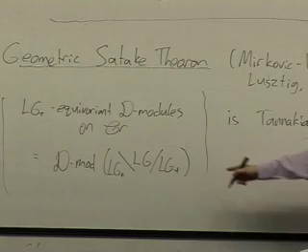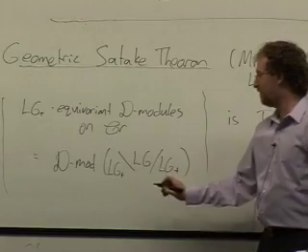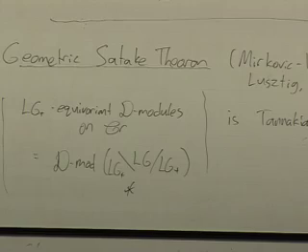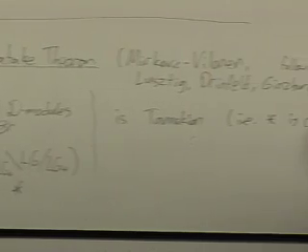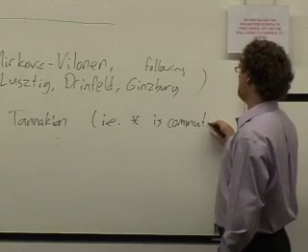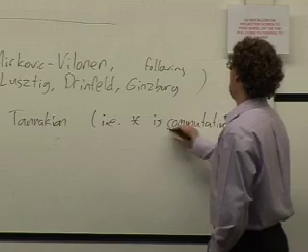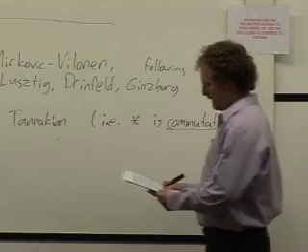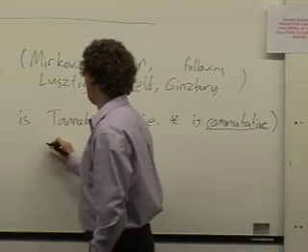In other words, the convolution operation, first of all, the convolution is commutative. The Hecke structure is actually commutative, and there's a natural fiber functor, and the Tannakian group.